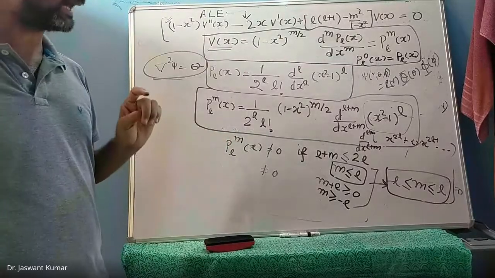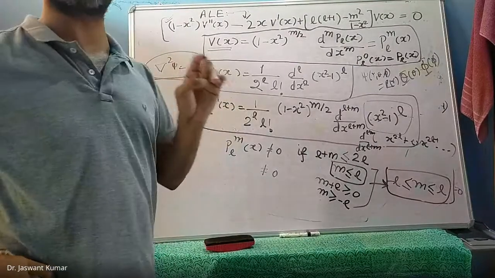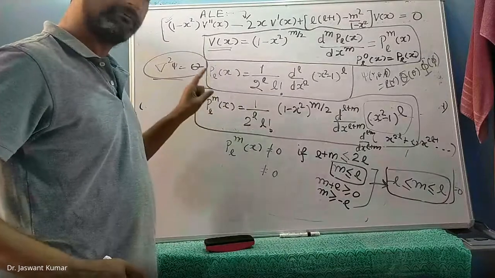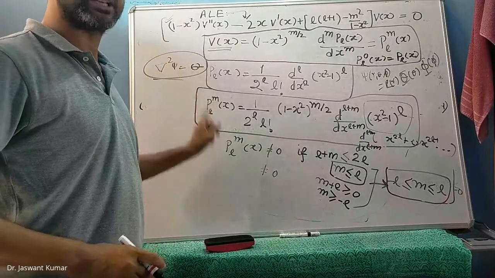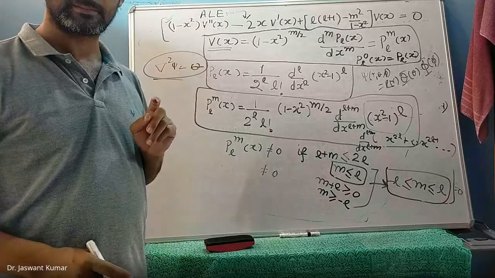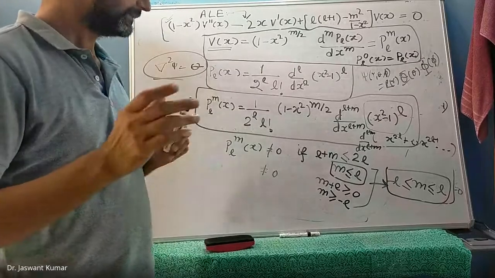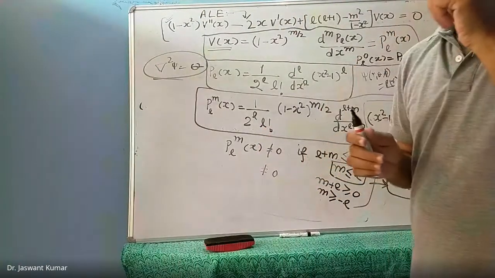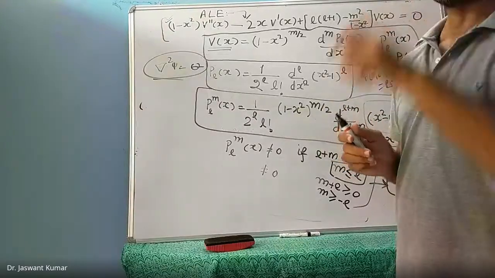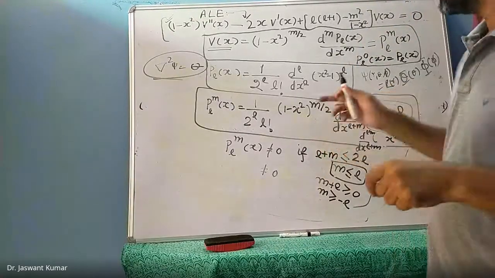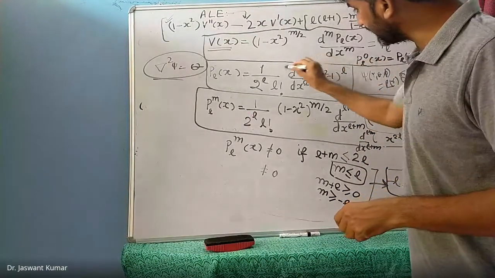Now, what we have done is a major achievement. We have found the solution of the associated Legendre equation, and not only that, we have found its solution in terms of something about which we have a lot of idea.